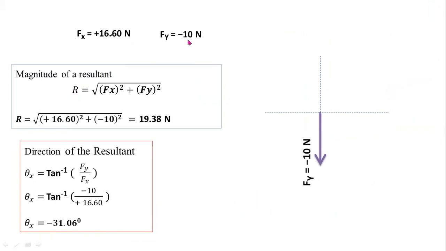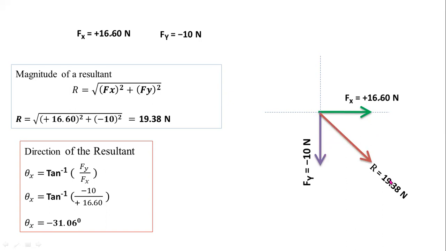That means summation Fy, sum of all vertical forces, taking downward direction for negative sign, and summation Fx, sum of all horizontal forces equal to plus 16.60. Positive sign means you have to consider a force in right side direction. Okay, this is the position of a resultant.